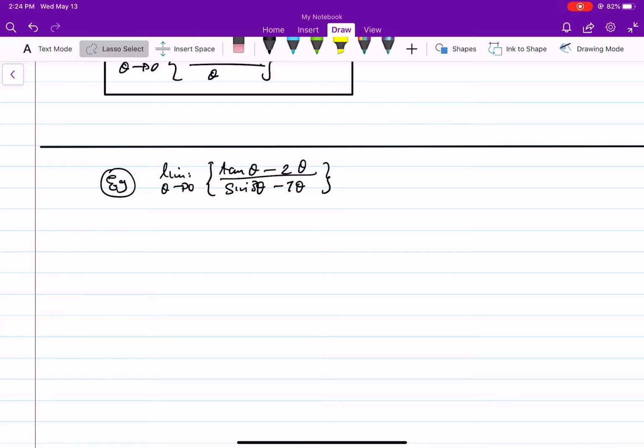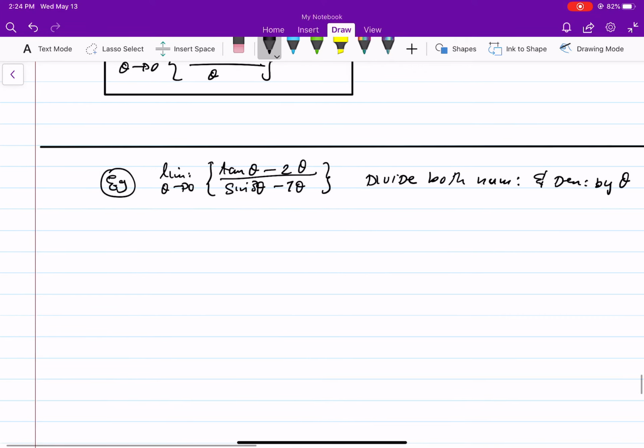So I'm going to start by getting my theta underneath the sine 3 theta. So I'm going to divide both numerator and denominator by theta. And I'll say that in words first: divide both numerator and denominator by theta.